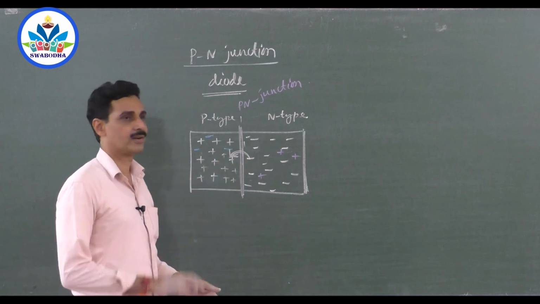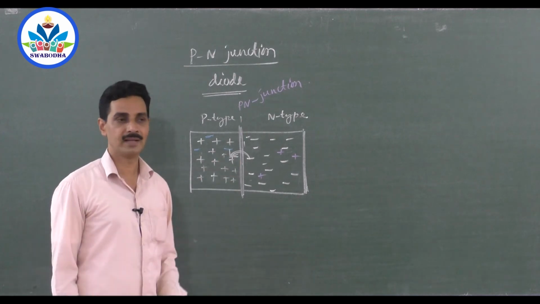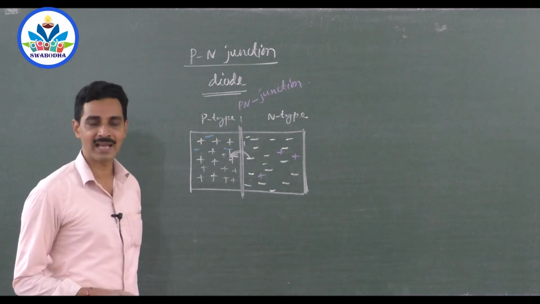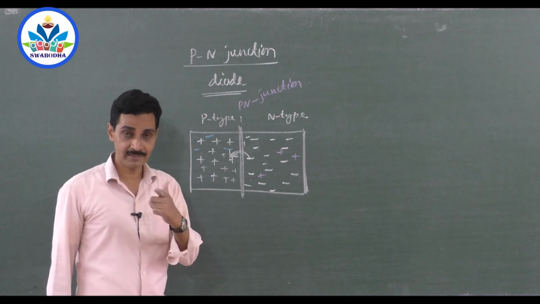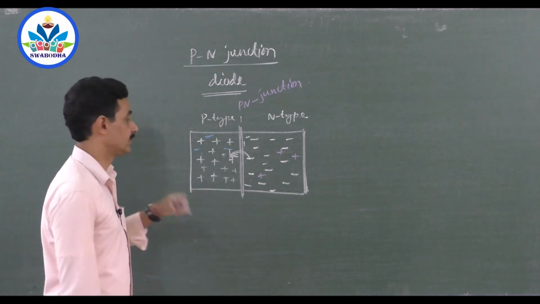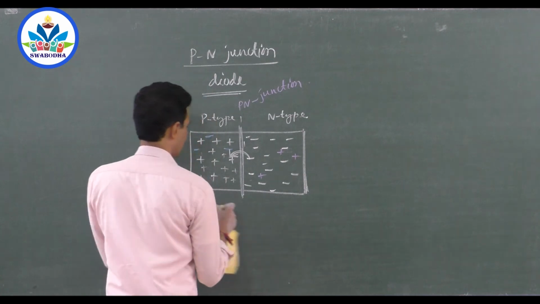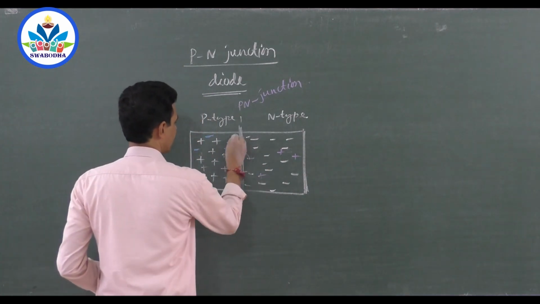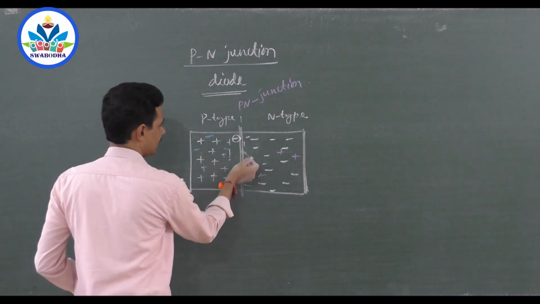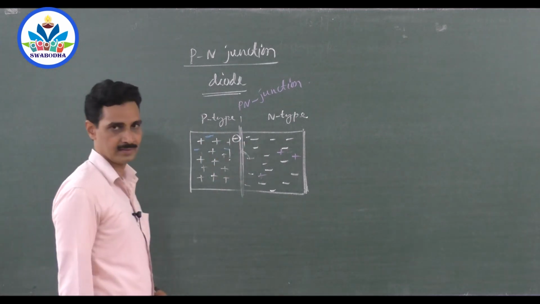So that electron completes the bond, and now it is an immobile charge carrier. Earlier it was free, it was ready to carry current. Now it is not free. Now it is bound. So shall I show it like this? Minus. This is the migrated electron from the n side to the p side.